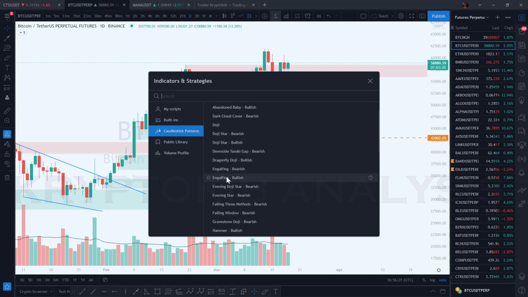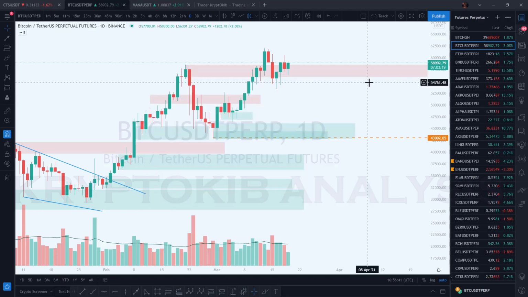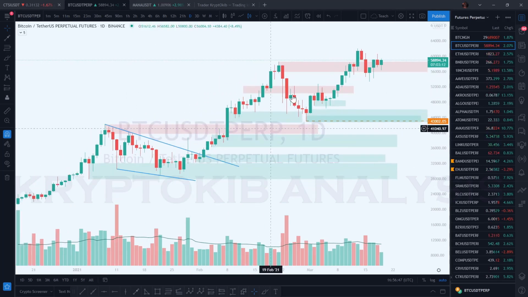Then we have engulfing, evening star, doji, evening star, then falling tree. This was the falling tree I just mentioned. Falling window, gravestone doji, and so many. They have a lot of candlesticks. So if you just deploy that indicator, it will point out to you which one is a doji, which one is a gravestone, or which one is this, which one is that.